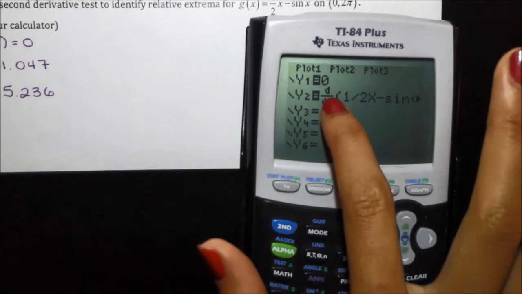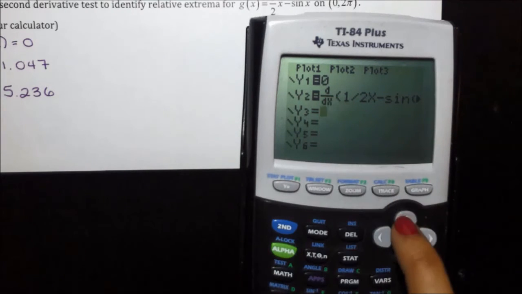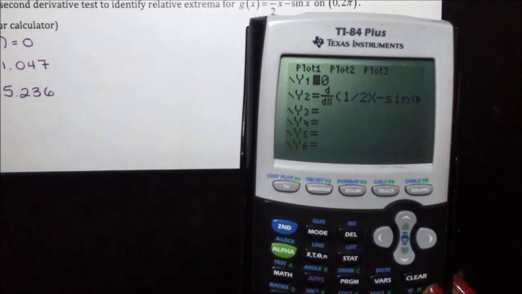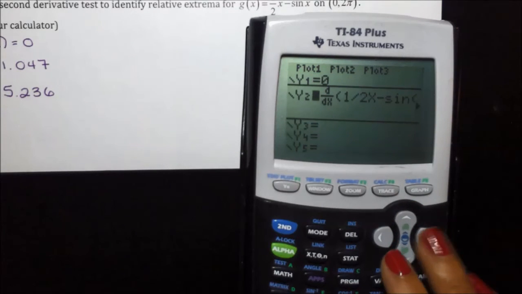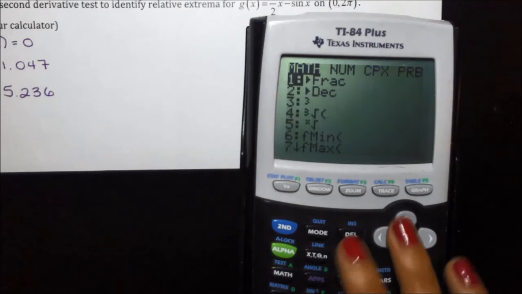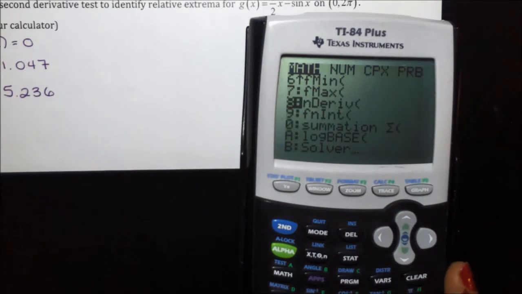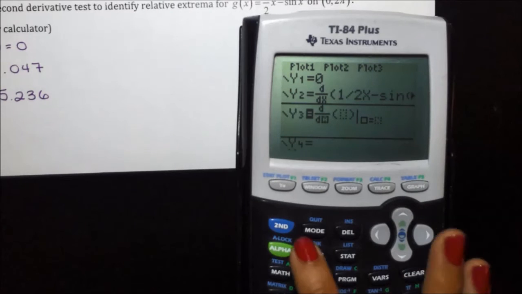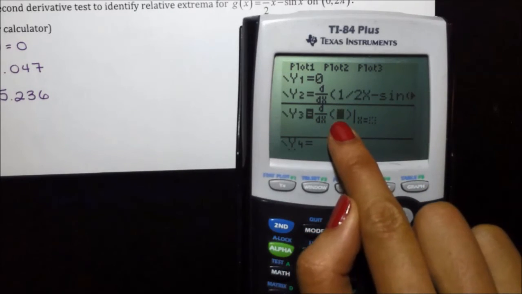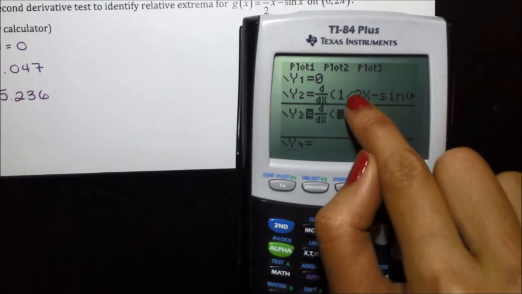So I want the derivative of this derivative. What I'm going to do is turn these off because I don't want to graph them anymore. So in y3, I'm going to do math, go to nderiv, and we're going to take the derivative. For the second derivative, I want to take the derivative of the first derivative.